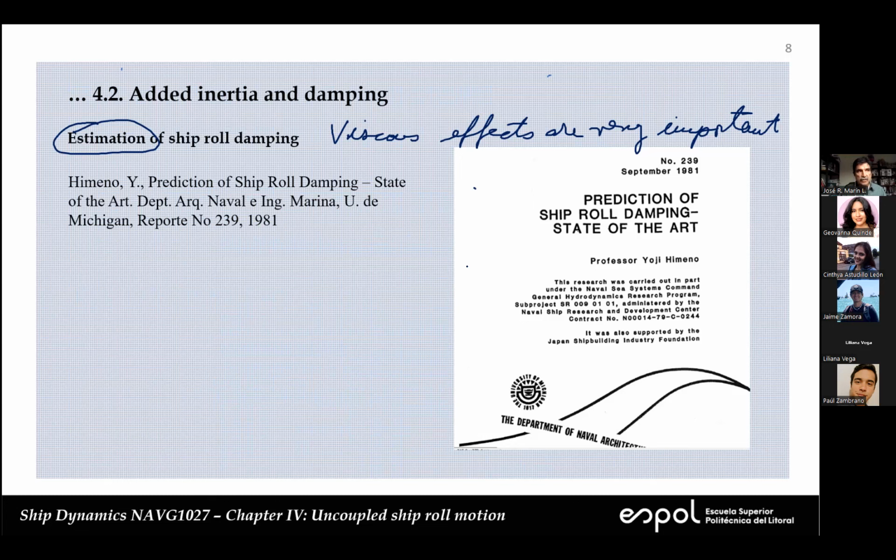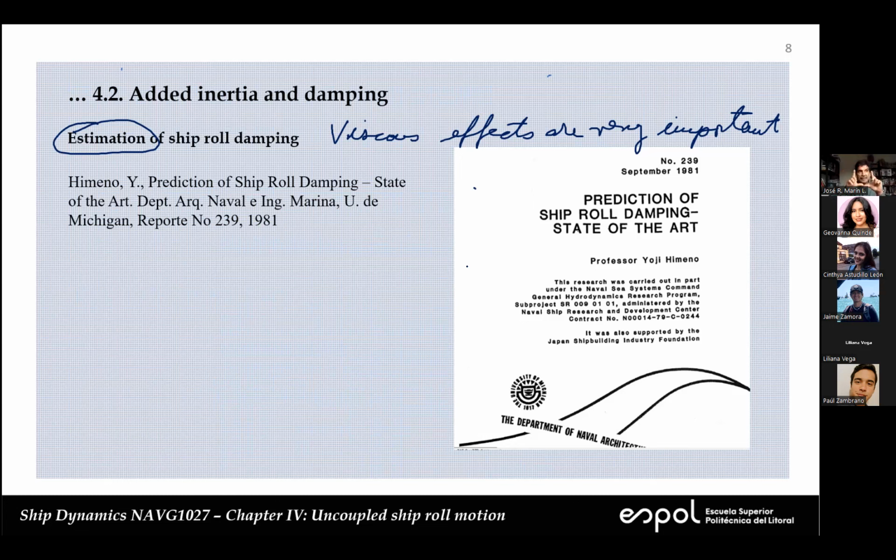And they include what they call some failure modes, okay? Capsizing modes. And one of them is what they call the parametric roll motion. In that case, you receive the waves from the bow, right?